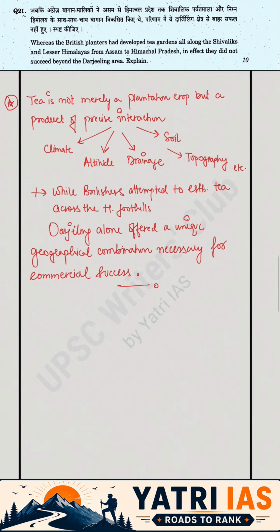So that is how you will relate the demand of the question with a very fresh introduction. So you could include these pointers in your introduction, and then let me tell you certain data.